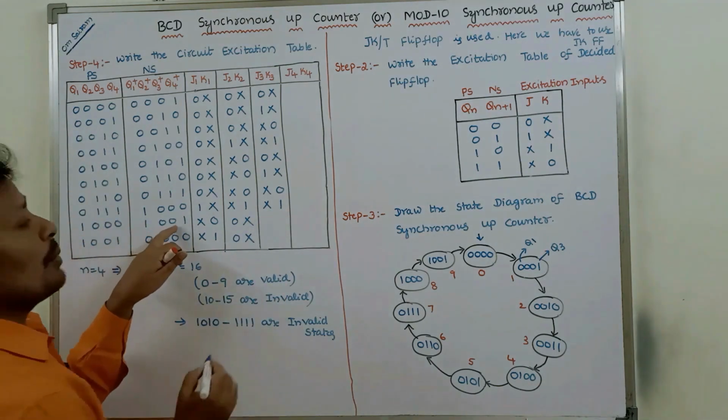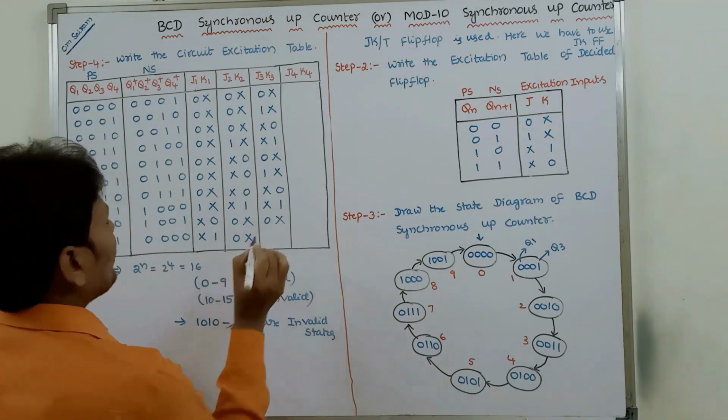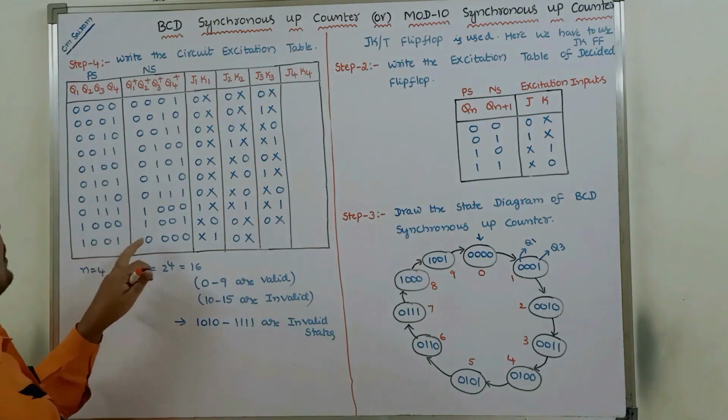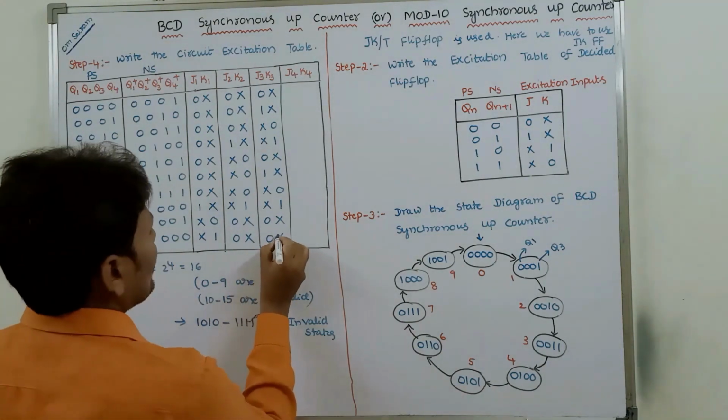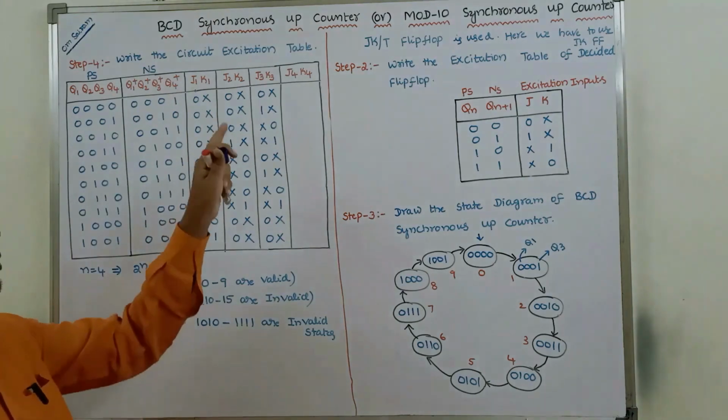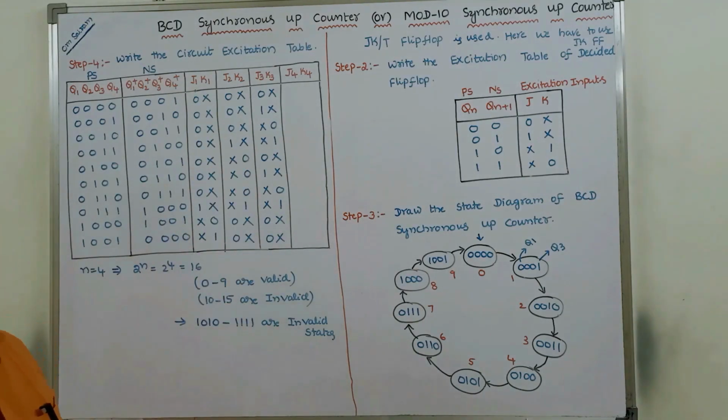Q3 value 0, Q3 plus value 0, 0, don't care. In this way, we have to fill the J3, K3 column.